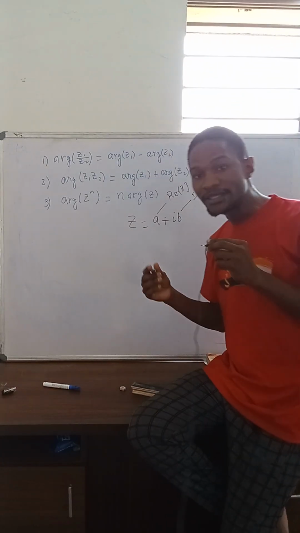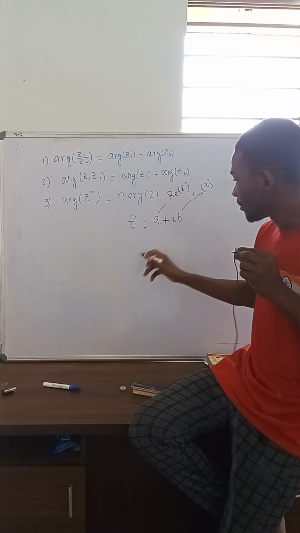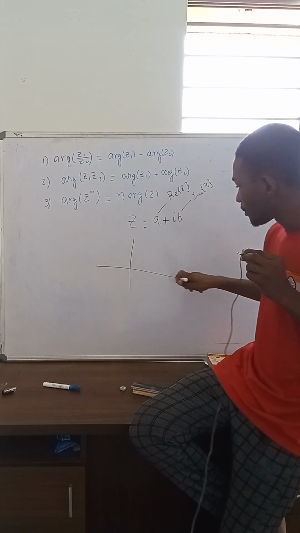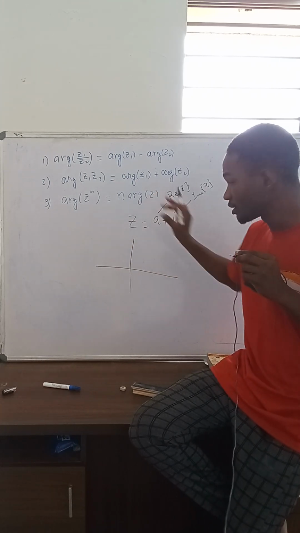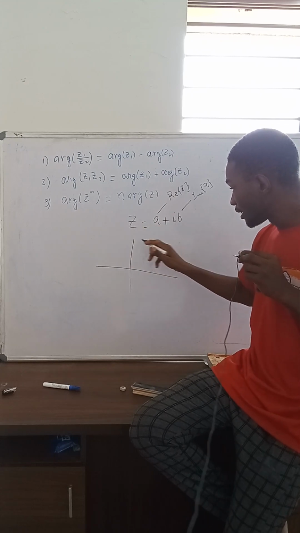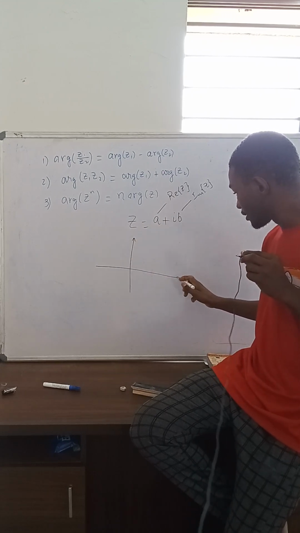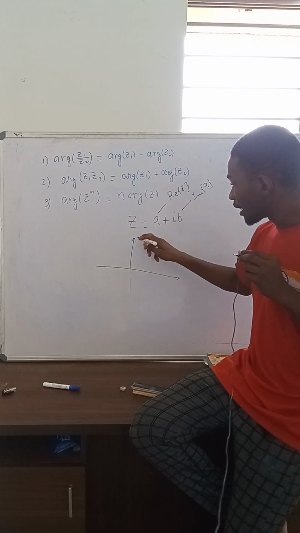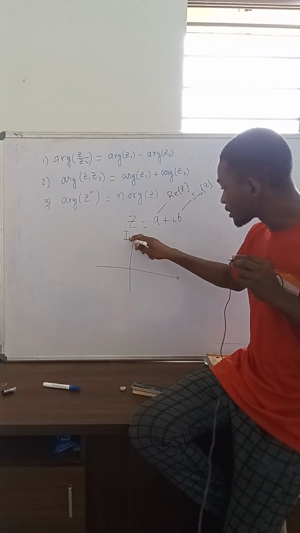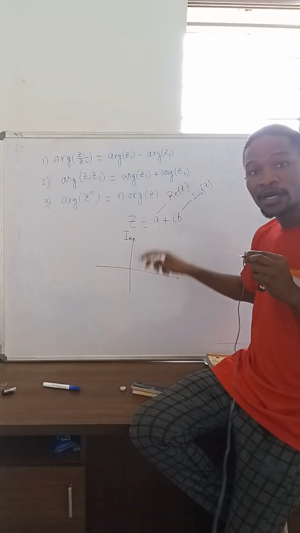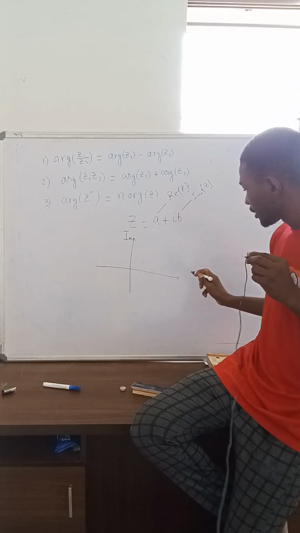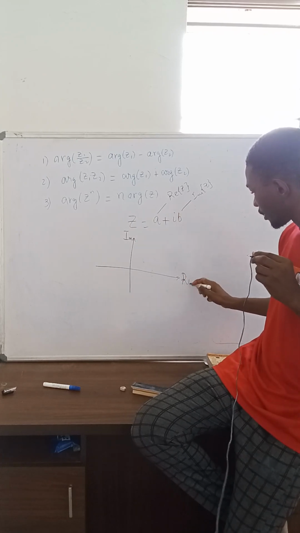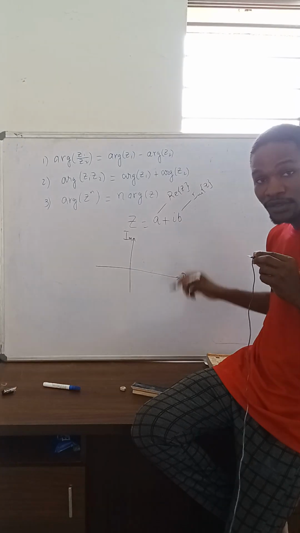I'm just giving you a hint on the basics about this number. Suppose we want to represent this complex number in the plane. Here will be the axis for the imaginary part, and here will be the real axis for the real part.